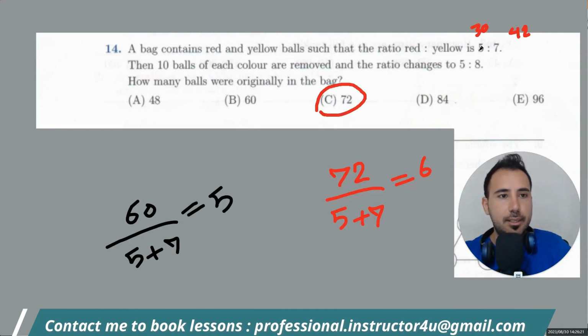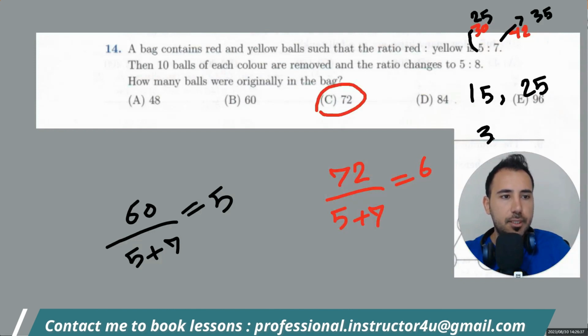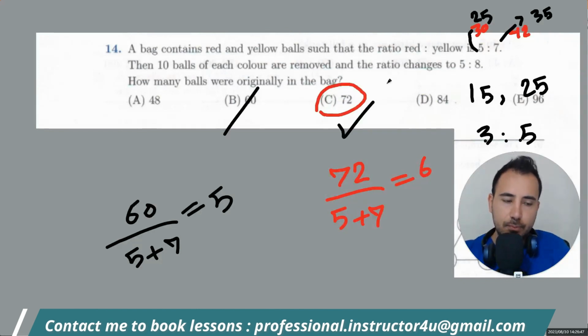So that means initially we had 25 reds and 35 yellows. We remove 10 from both of them, and it will be 15 and 25. Dividing both by 5 will be 3 and 5. So as you see now, the ratio is 3 to 5, not 5 to 8. So 60 is not the answer, and 72 is the right answer because I was lucky.